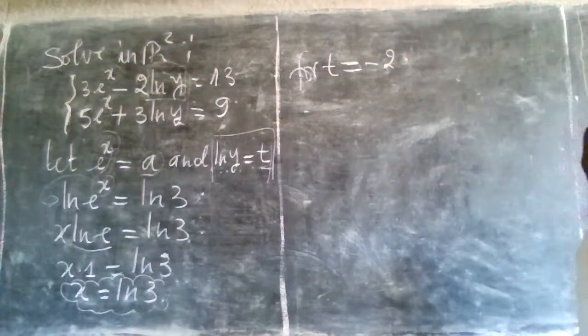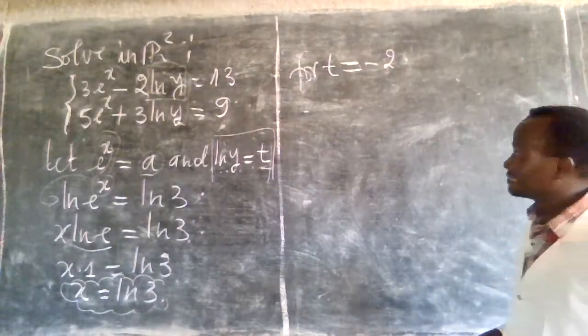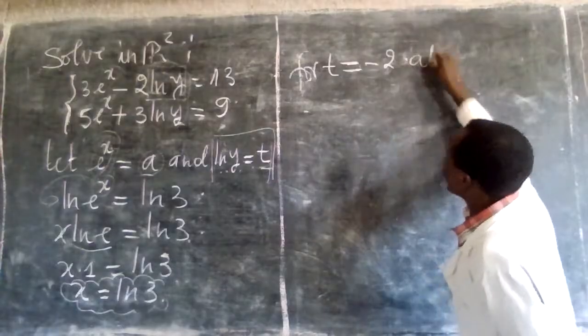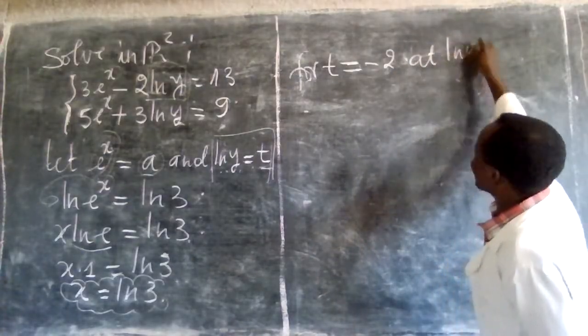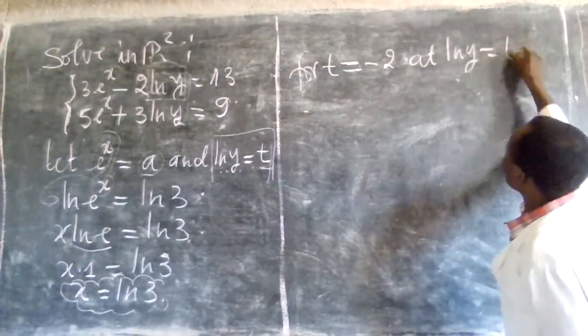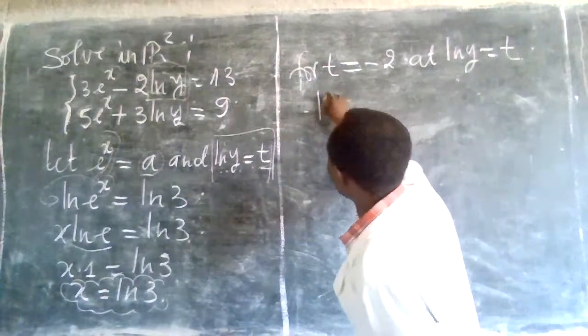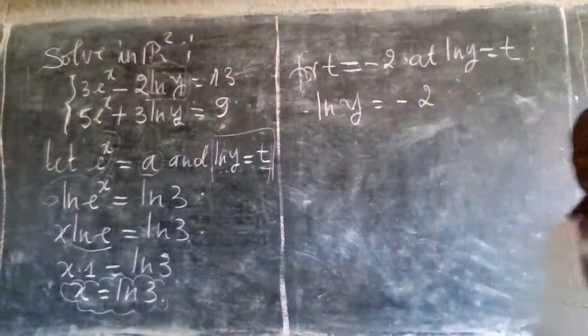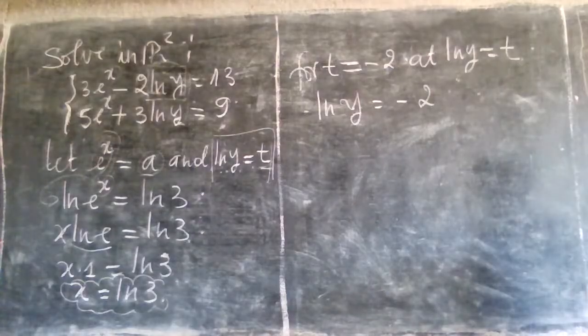How are you going to find the value of this? It is ln of y is equal to t. Now ln of y is equal to minus this 2.